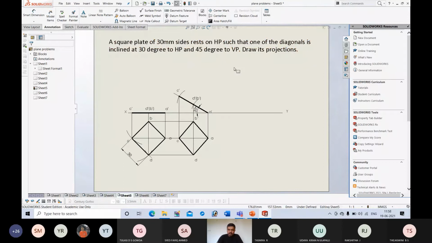Whether it is true inclination or false inclination, 45 degree. Okay, you should try to give answer. So 45 degree to VP, whether the given inclination is true inclination or false inclination.